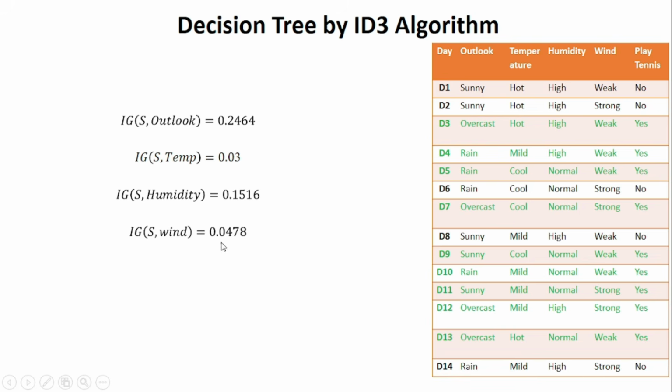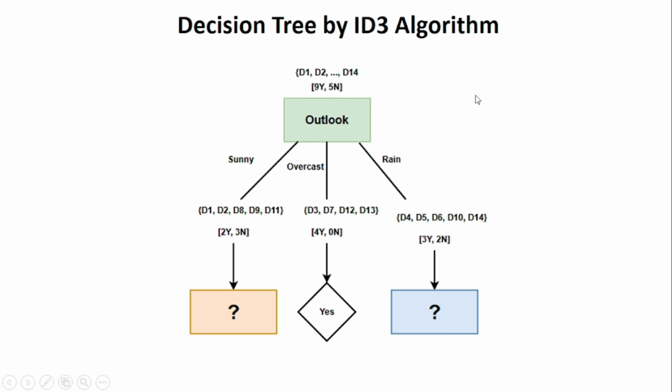Out of these four values, which is higher? The first one. So we choose outlook, which has the higher information gain. Out of the four features: outlook, temperature, humidity and wind, we are going to consider outlook as the root node, and we are going to draw a decision tree.